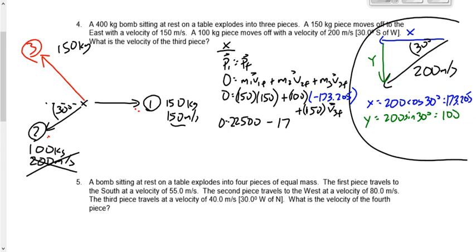And this is 100 times negative 173, which is negative 17,320.5. So combine these, subtract them, take it over the other side by subtracting, and then divide by 150. And when we do, we get V3F for the x component is equal to negative 34.